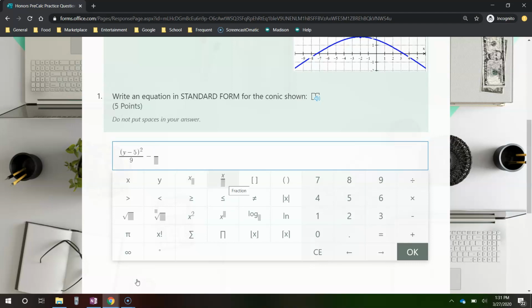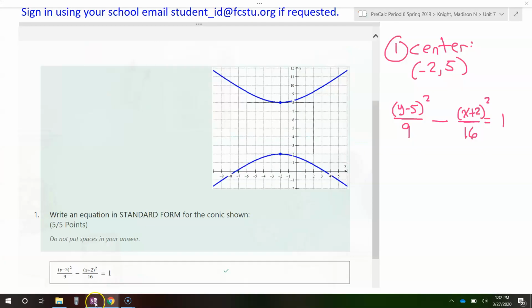Time for another fraction. I'm going to need some parentheses. And I think this one was x plus 2. You guys know that my memory is bad. So x plus 2. I'm going to use this arrow to get outside of the parentheses. And now it's squared. Let me just double check that. X plus 2 squared over 16.